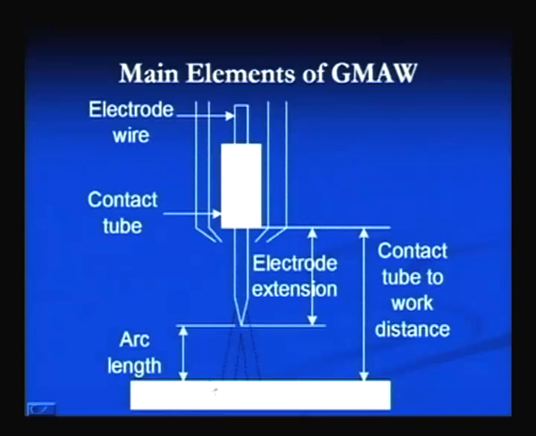Too close a distance adversely affects the life of the nozzle, and too long a distance adversely affects the shielding of the weld pool and the arc region. So, the optimum nozzle to workpiece distance must be maintained.